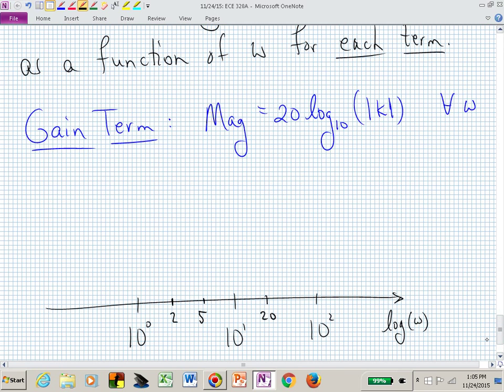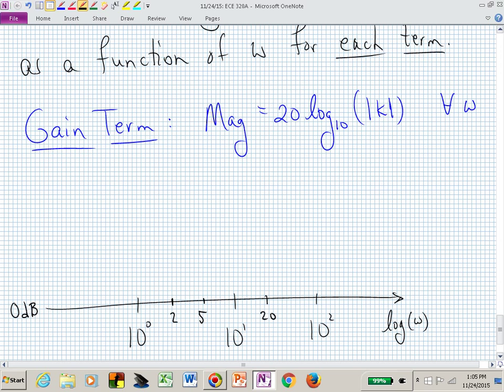Now where do I put K? What is this picture going to look like if I'm plotting the gain term with respect to frequency? And this line is typically 0 dB, which in absolute terms is how big of a number?